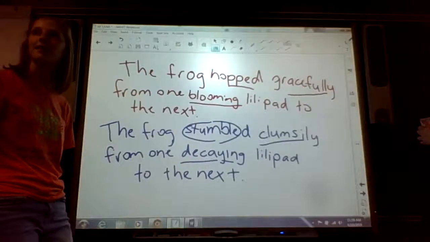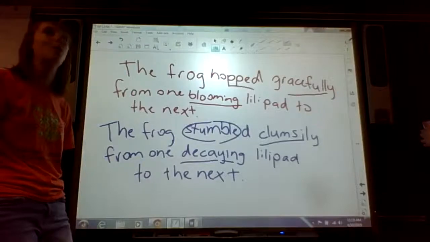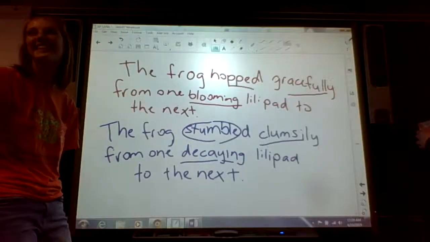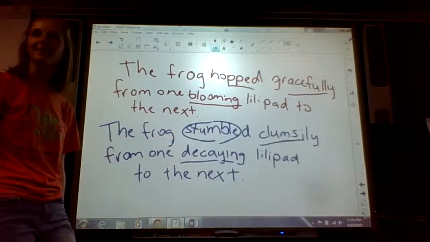Now class, understanding what we just talked about when it comes to concise diction, is there an unnecessary word in the second sentence? What word is that? Why is clumsily unnecessary? Stumbled implies clumsy. So in sentence number 2, do we need the modifier clumsily?